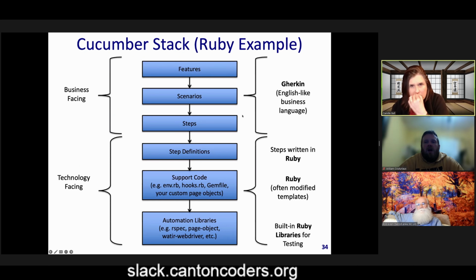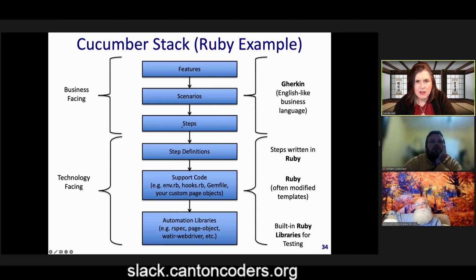This is the Cucumber stack in Ruby, but generally speaking, you'll find a stack similar to that in whatever programming language you're using. On our business-facing side over here, we have features, scenarios, and steps. We'll talk about those in some detail.